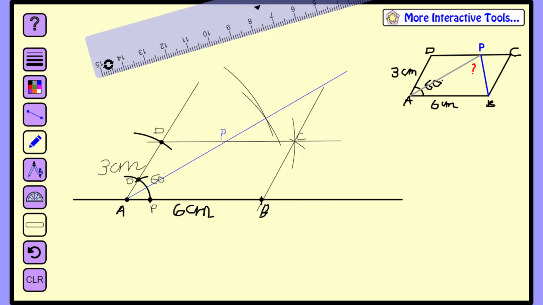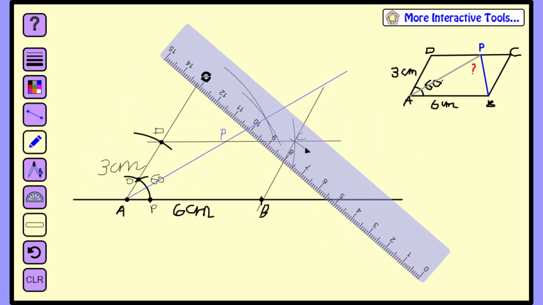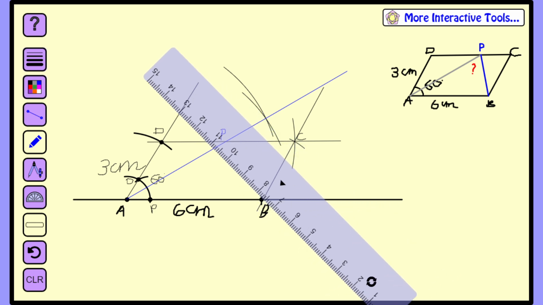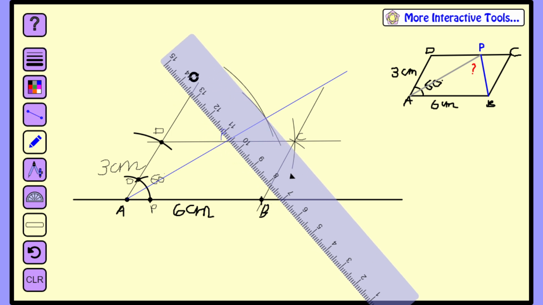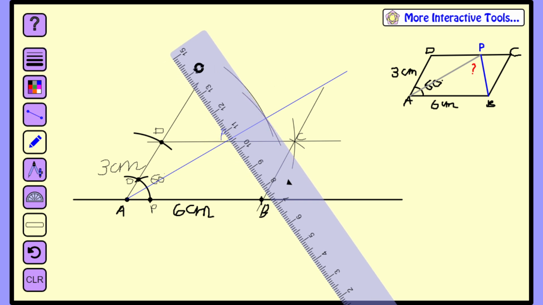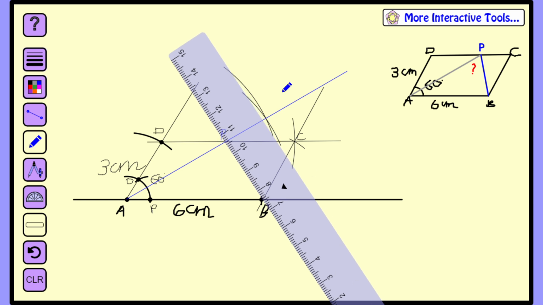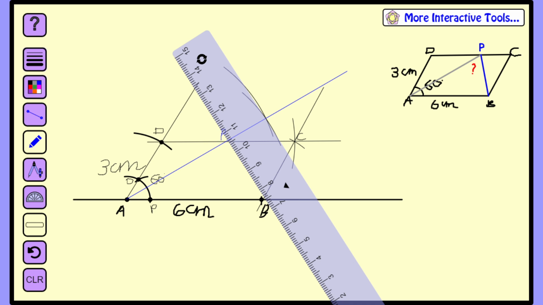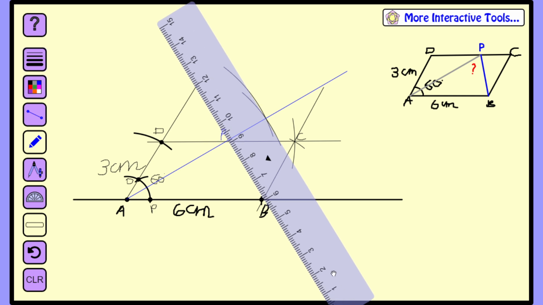So draw a line from point P to point B. As precise as possible.